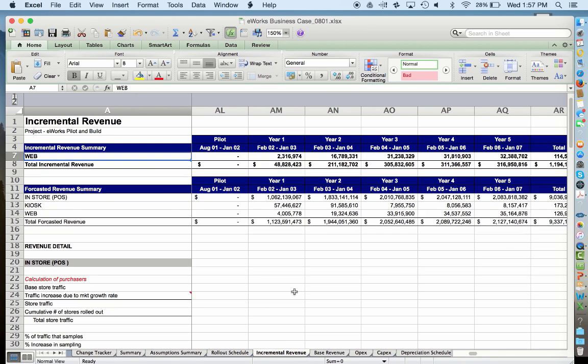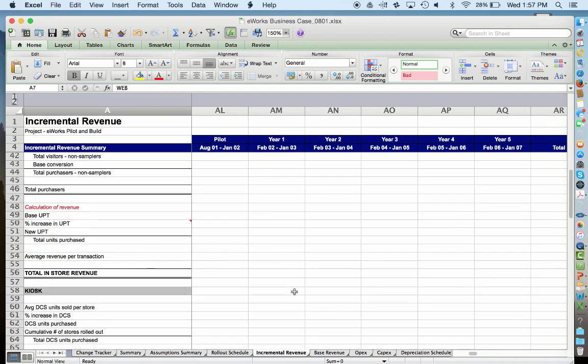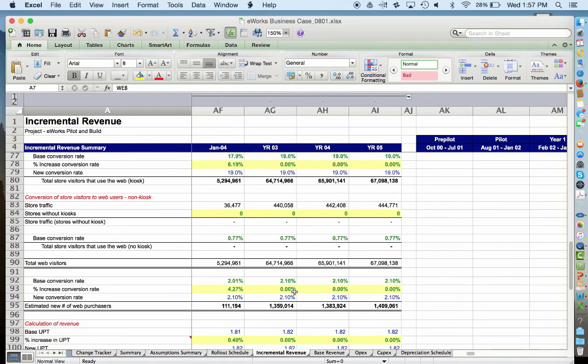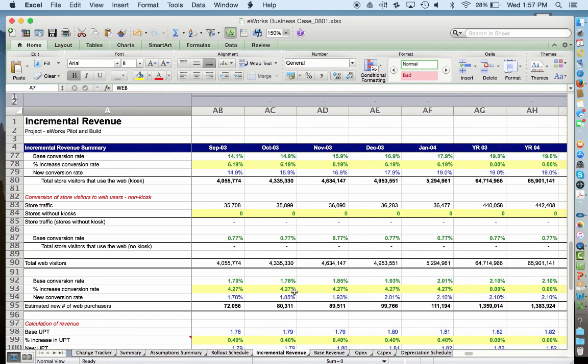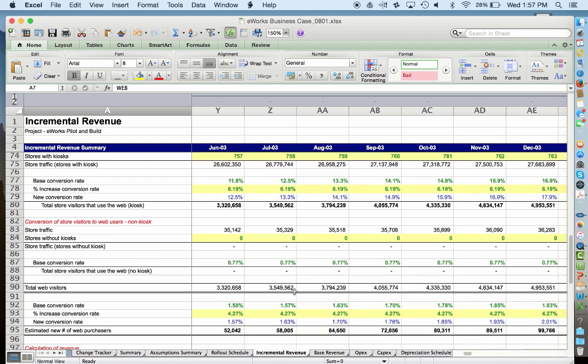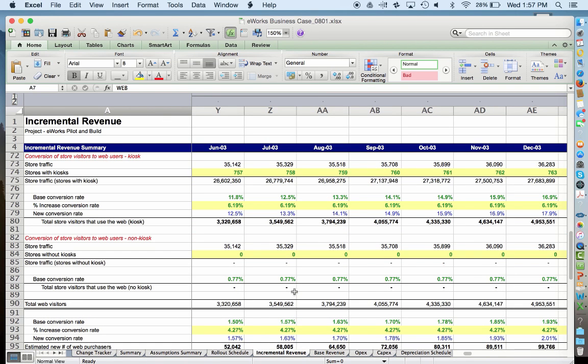modeling of little things like how many people come into the store, how many stores with a kiosk would now exist, and what would that mean in terms of their traffic, and then how many people would go in and buy something.